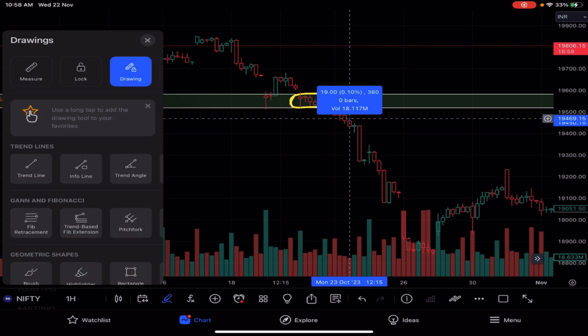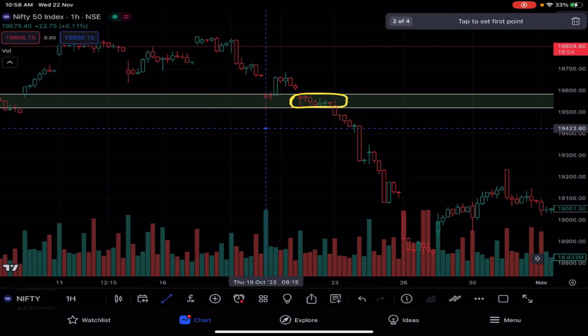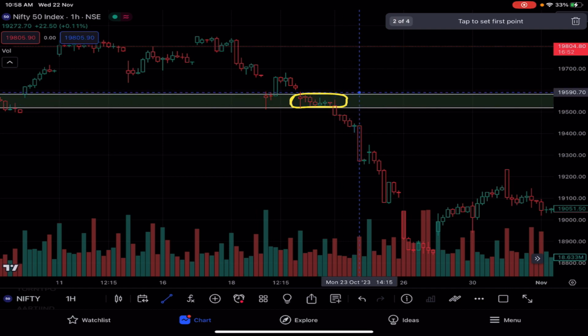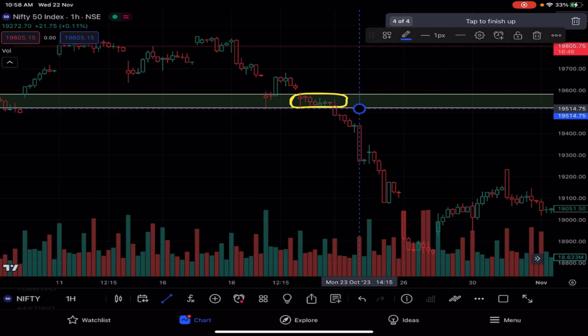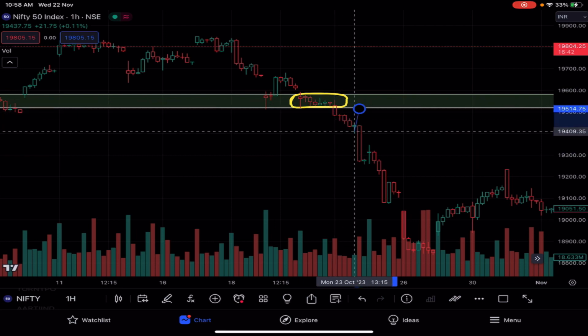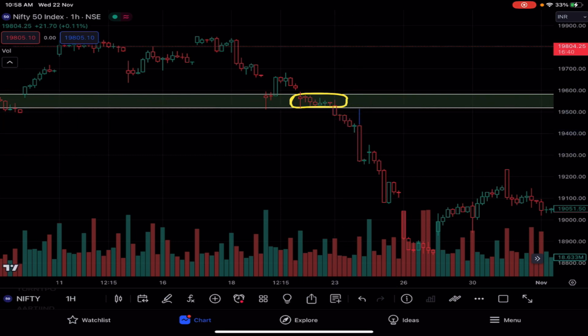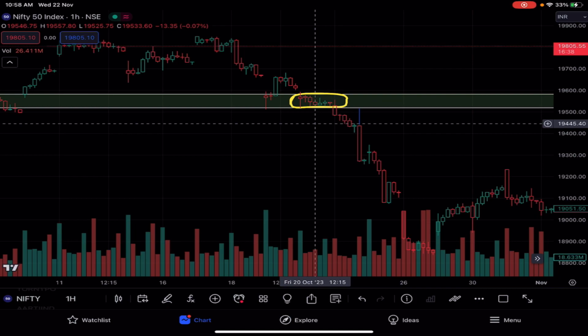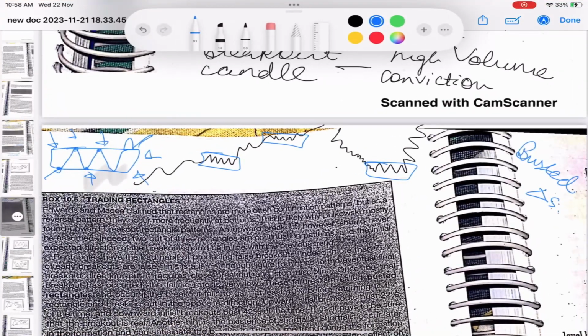I'll explain it using the trend line only. This is the height of my rectangle. Now the exact same height I will measure from the breakout area, and you can see that the target has been met. So that's how you measure the targets when you are trading a rectangle. Moving on.